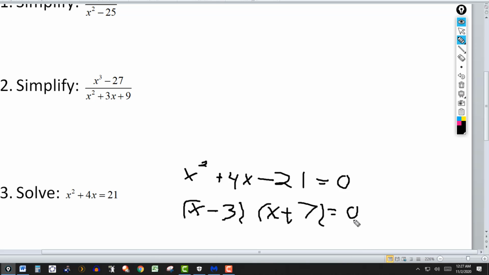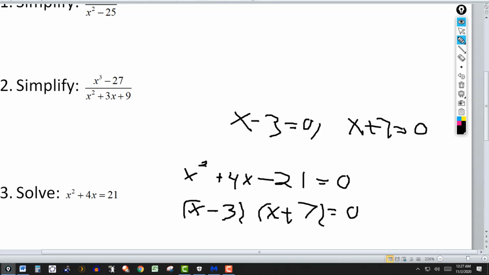The only way that the product of two factors is 0 is if one or both are 0. So all you're going to do here is just set these equal to 0 and solve for x. So x minus 3 can be 0, or x plus 7 can be 0.